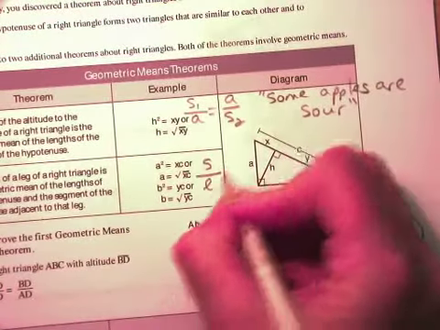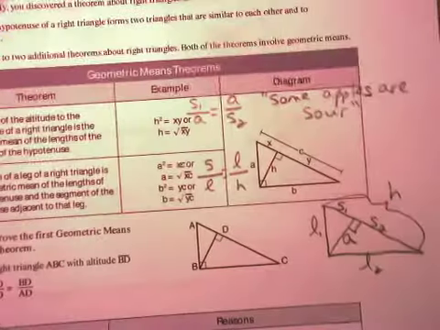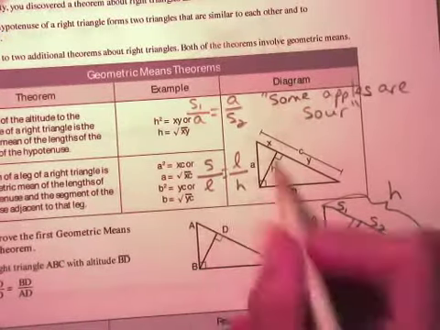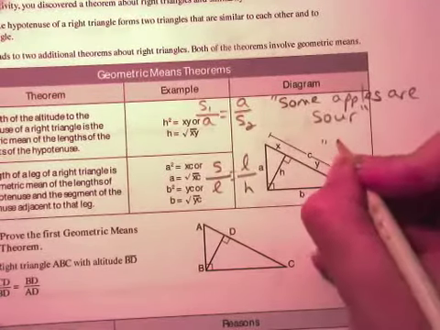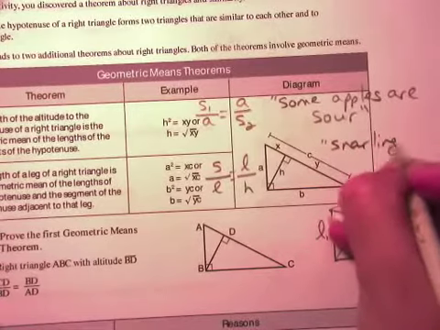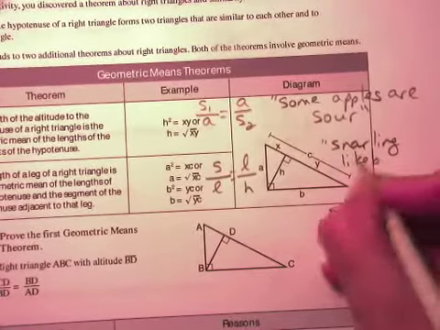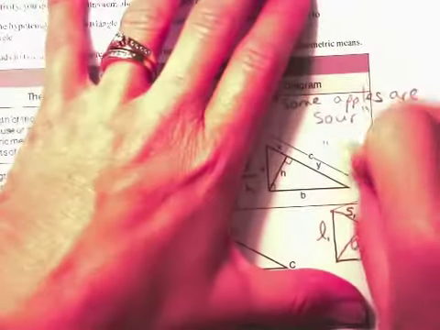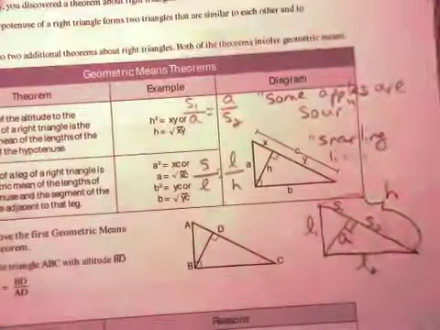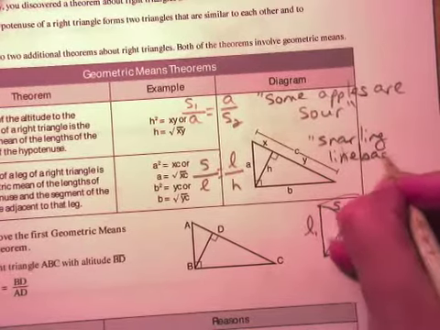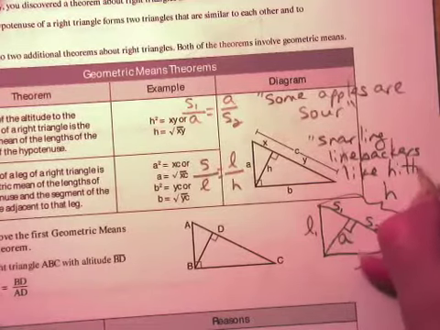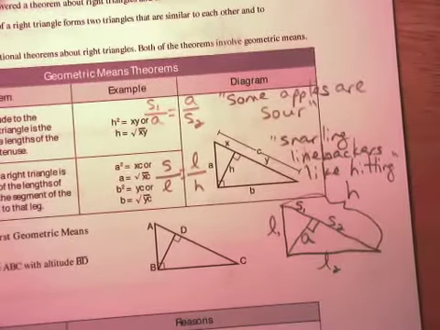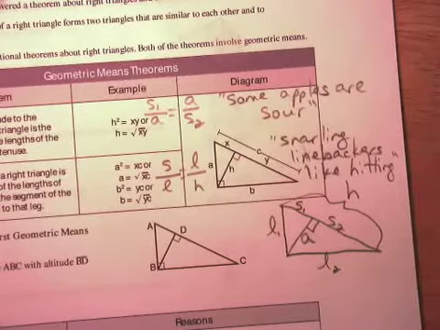And then this boils down to S over L equals L over H. And what I use, hopefully that will help you remember this proportion, snarling linebackers, if I could spell, like hitting. So maybe that'll help you remember these.